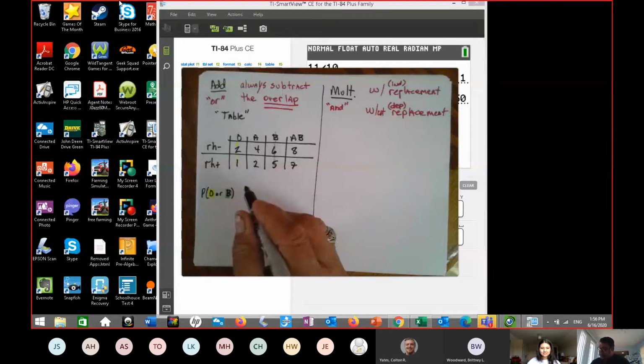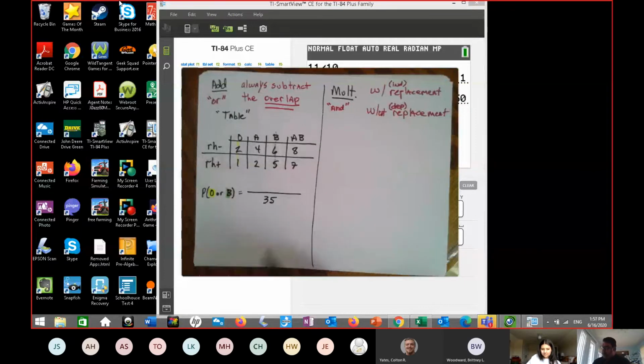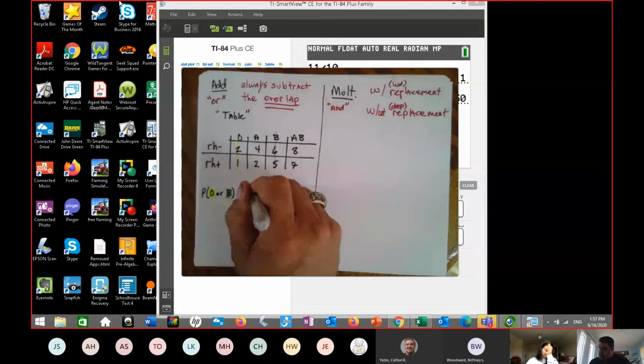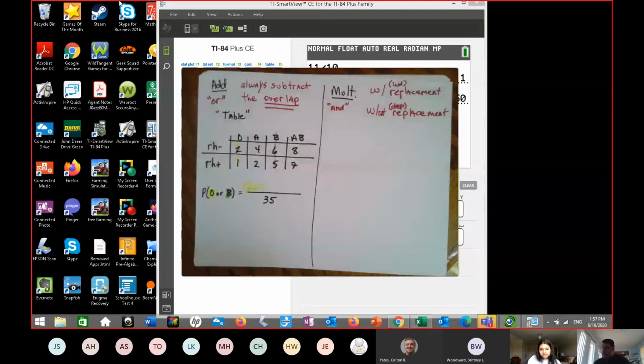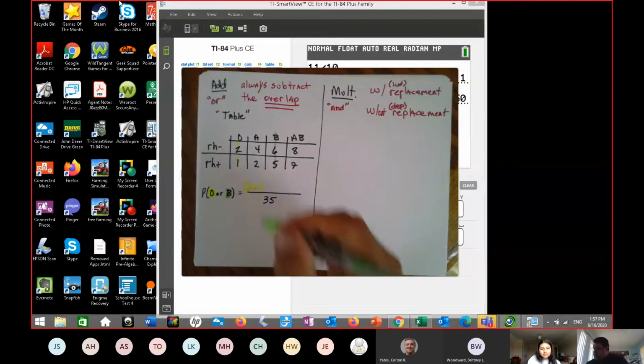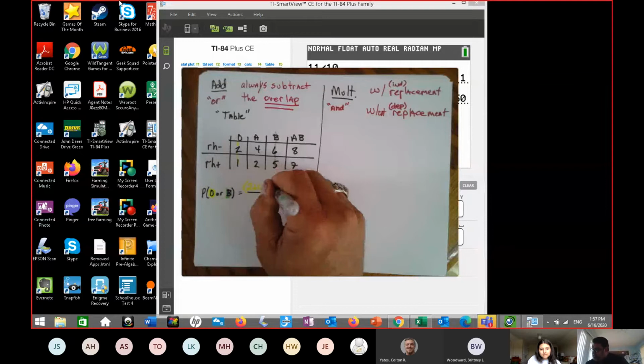Okay, so we've got a big denominator of 35. I'm going to write in yellow: 2 plus 1, which is 3, and plus 6 plus 5.